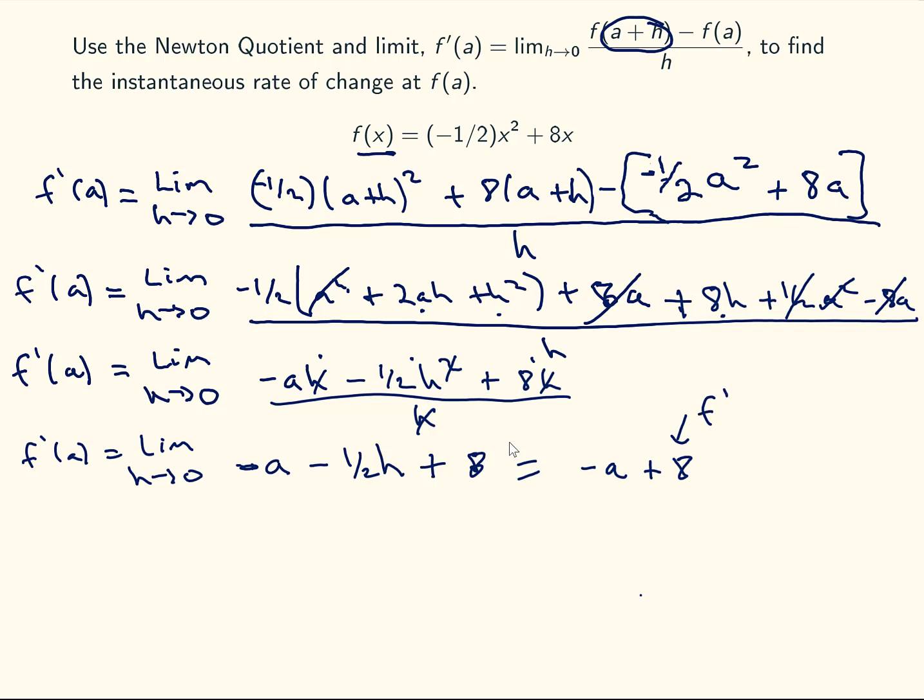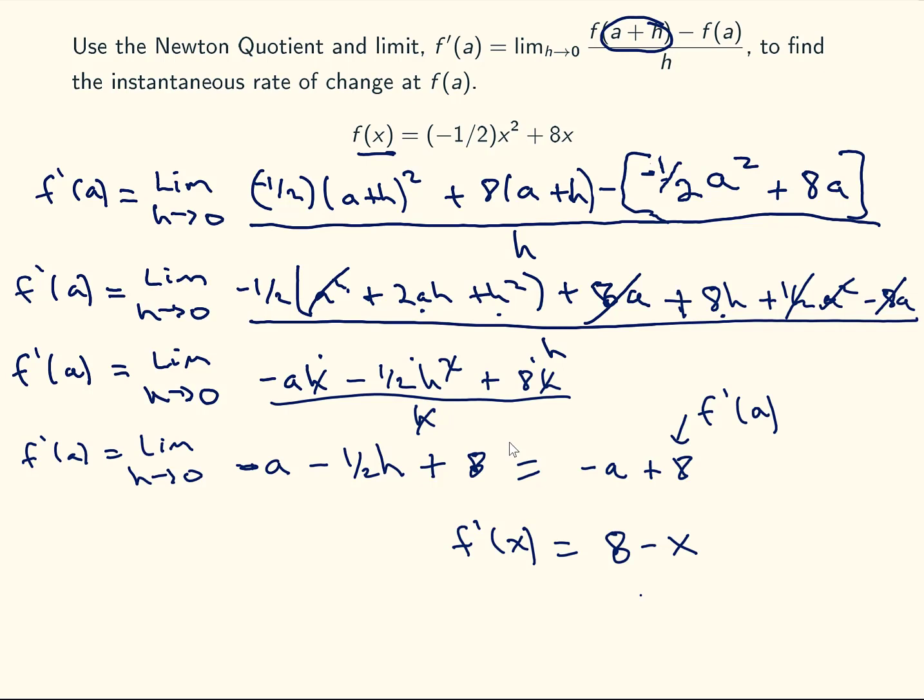There we've got f prime of a, and more generally we've got f prime of x, the derivative of f, which is defined as f prime x equals 8 minus x. I just put the 8 first because it always looks neater when a positive number is first followed by a negative number.